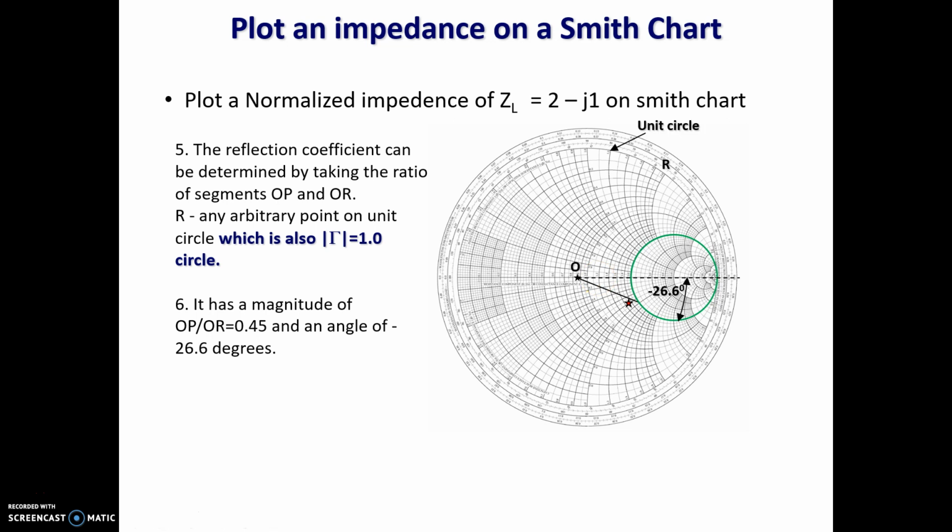The angle between the line segment OA and the line segment OP gives an angle of minus 26.6 degrees, and the magnitude can be determined by taking the ratio of OP and OR.